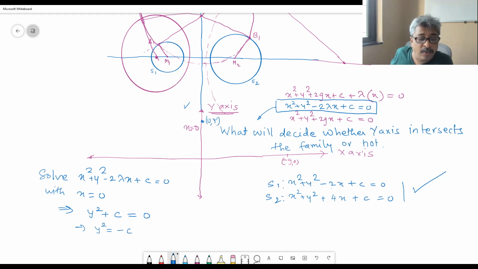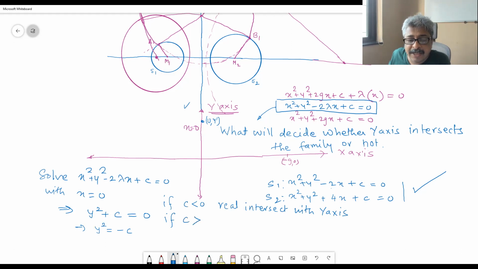c should be negative. If c is less than 0, real intersect with the y-axis. If c is greater than 0, no real intersect.